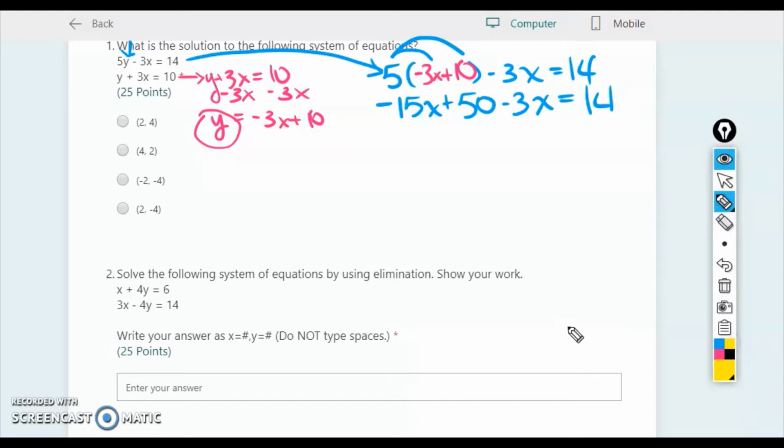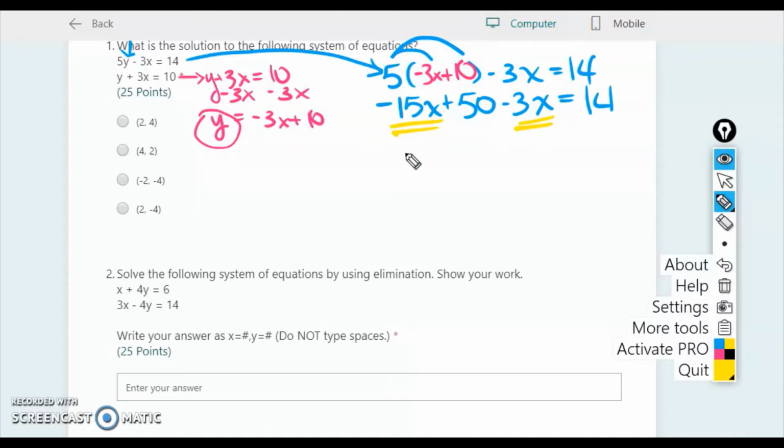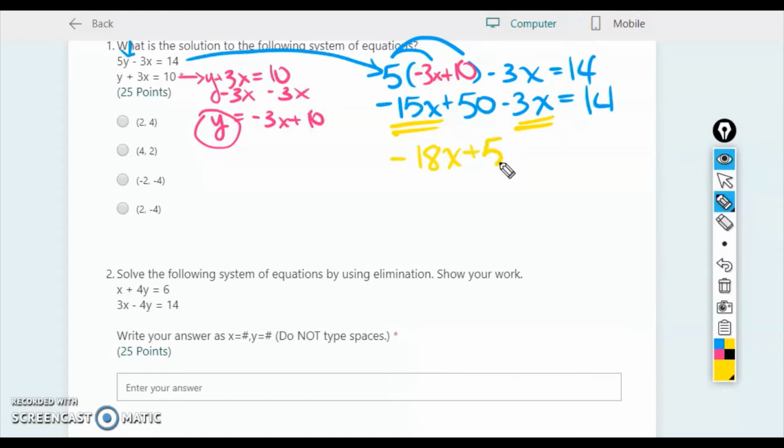I can combine like terms, so I can do negative 15x and negative 3x together. I don't need to change any signs. Negative 15x and negative 3x is negative 18x plus 50 equals 14. And then the way that I get rid of the 50, because it's positive, is I'm going to subtract 50 from both sides.